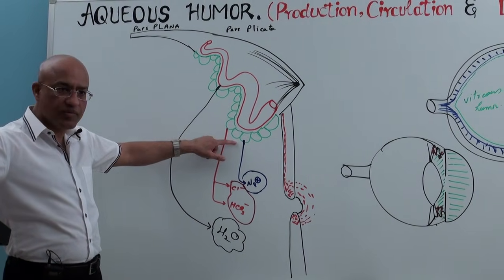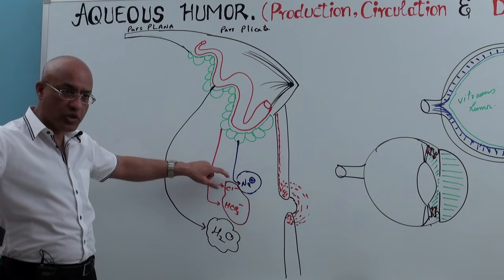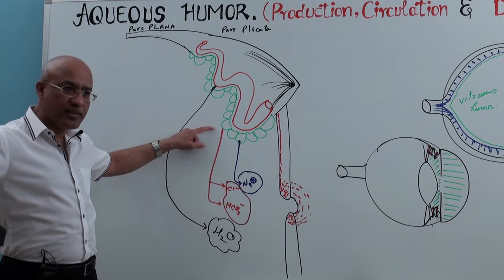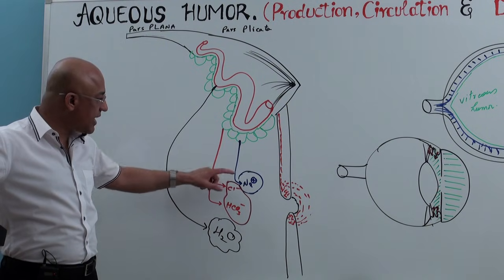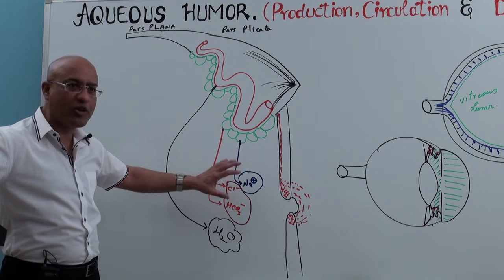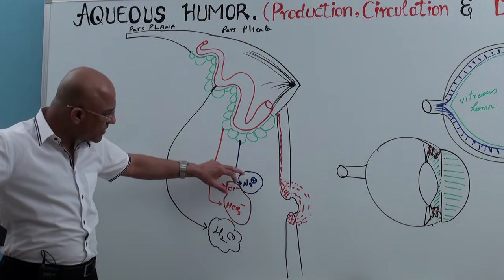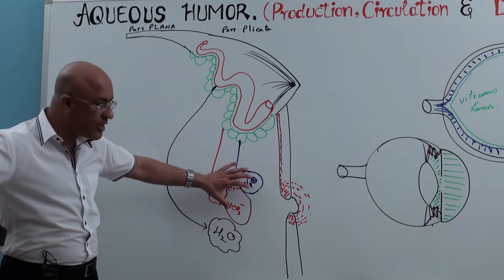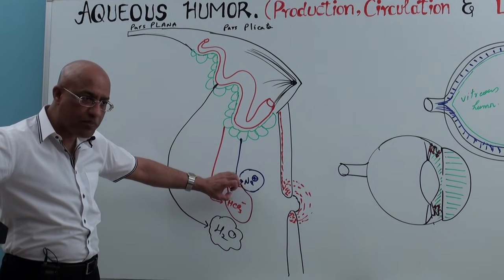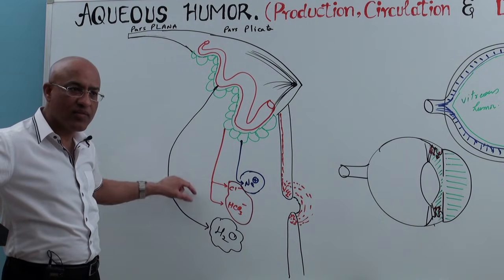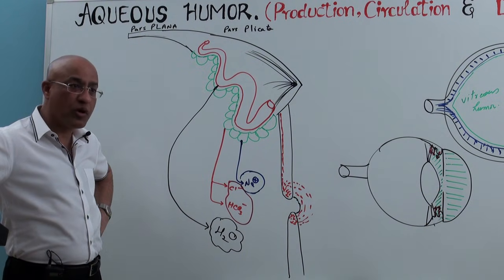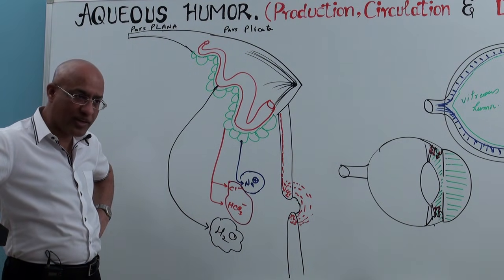First is active secretion of sodium followed by chloride and bicarb, and these cations and anions put what? Osmotic pressure, and that drags the water out of the vascular stroma. Is that right?